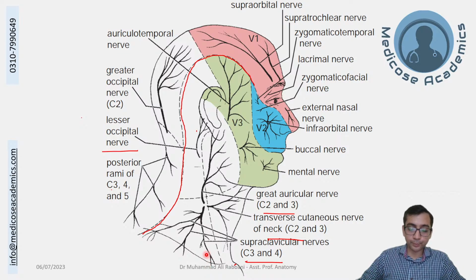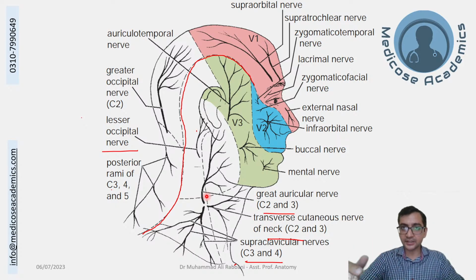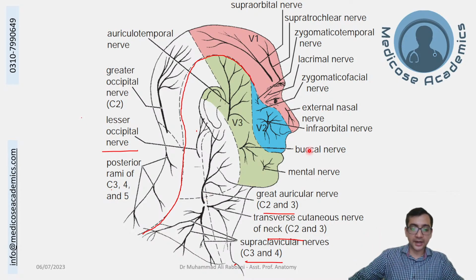It is further divided into medial, intermediate, and lateral supraclavicular branches, C3 and C4, supplying this area. This is the topic of the thorax. Beyond that, the next dermatome is T2. There is C3, C4 with supraclavicular nerves, and just below this, there is T2.